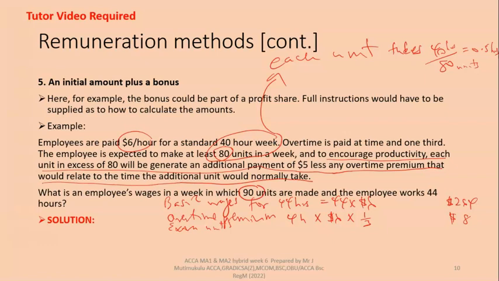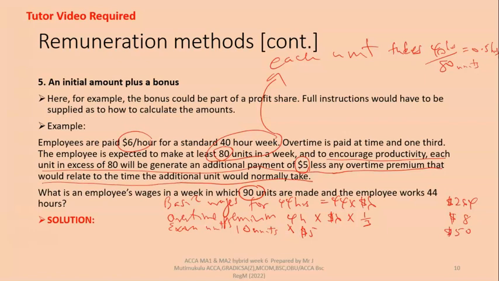So the extras were 90 minus 80, that's 10 units, at how much? At $5, because we are told that any unit in excess of 80 will generate an additional payment of $5. So that's 10 multiplied by 5, we get 50.